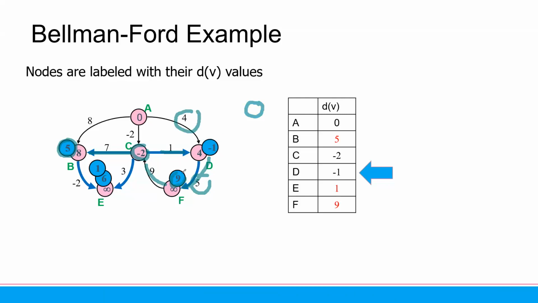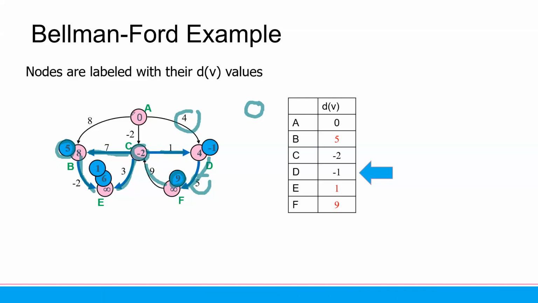Then we update with 9. What about this E? We have E at the first, we have minus 2, and then we update it here, 5, and plus minus 2, we have 3.